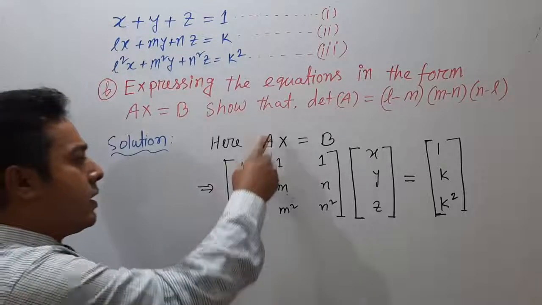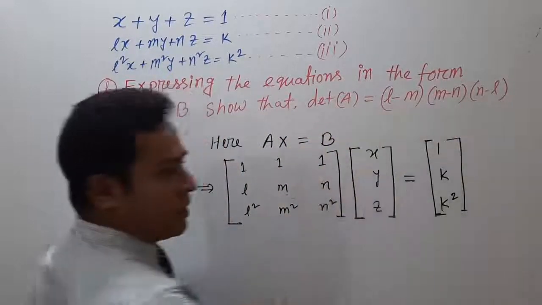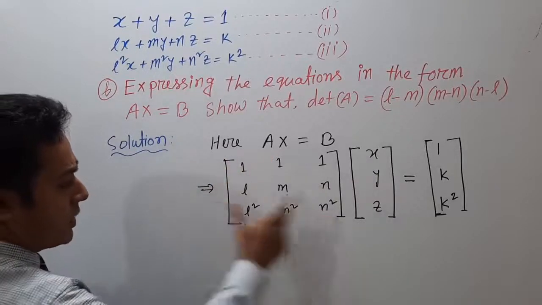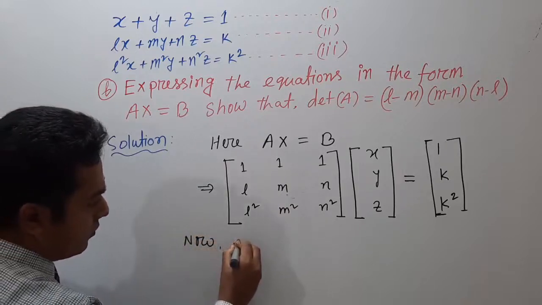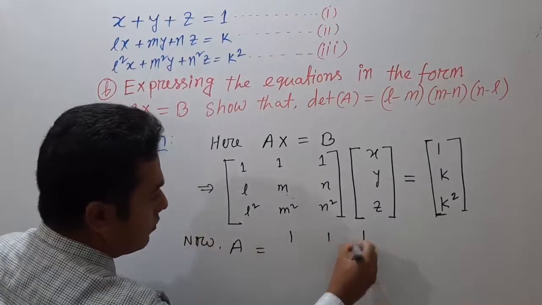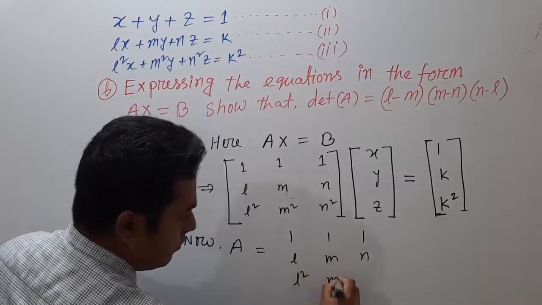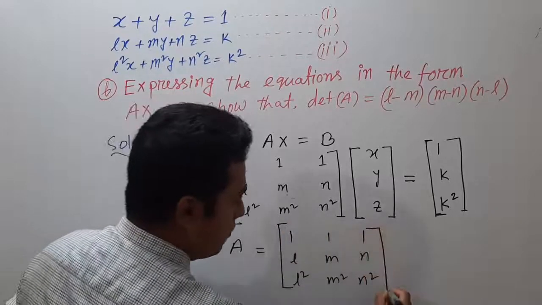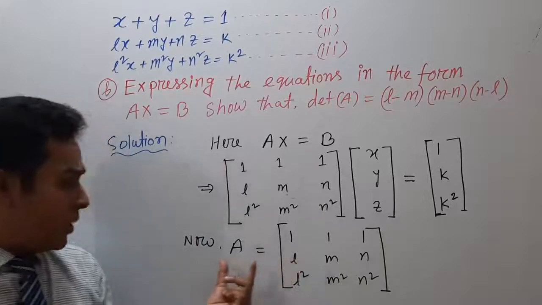Okay, so here A is this. We have to find the determinant of A. Now our matrix A is equal to this; we have to find the determinant of A.